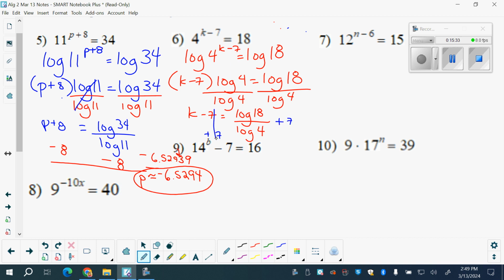So those cancel, and we get k is about 9.0408496. So what does that round to? 9.0850. Yep, because this is 49, so that rounds up to 50. Does that make sense?